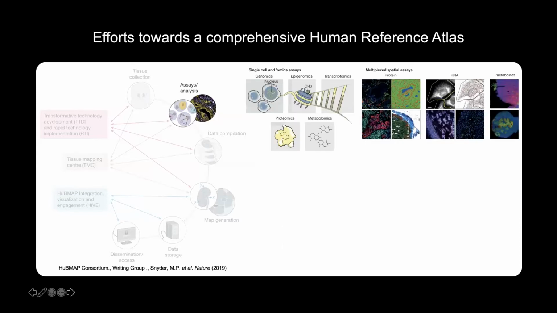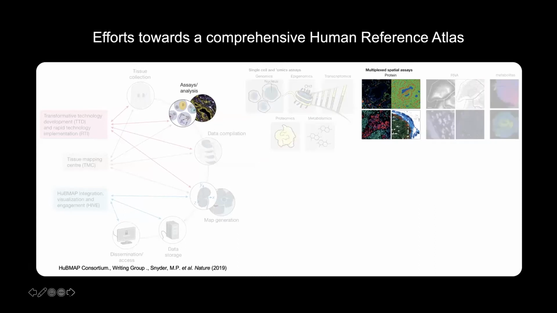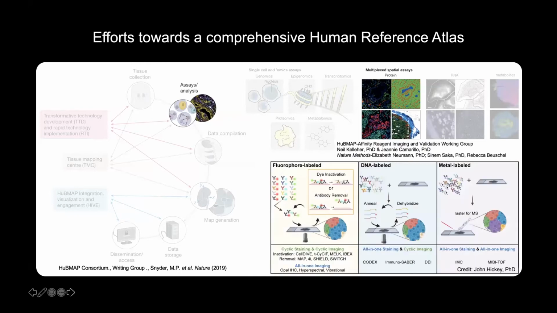Then I'll talk to you about a multiplex imaging method we developed. Monica did a fantastic job talking about protein-based spatial analyses, such as Codex, so I'll just go quickly through that. This is a cartoon created by John Hickey in a recent perspective that we're writing with the Affinity Reagent Imaging and Validation Working Group. Thanks to everyone who's been involved.